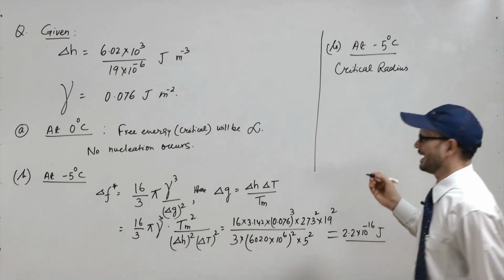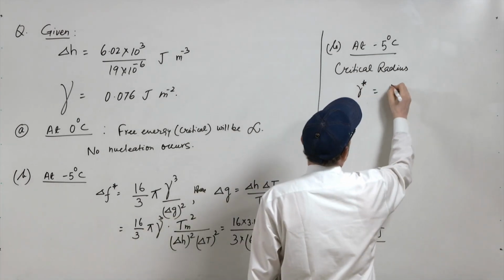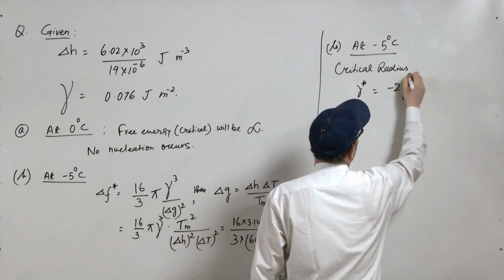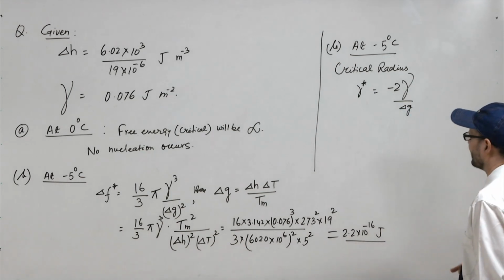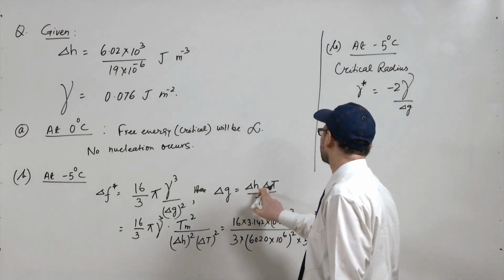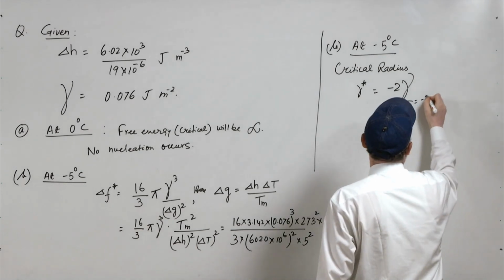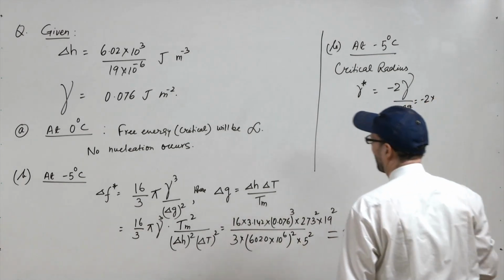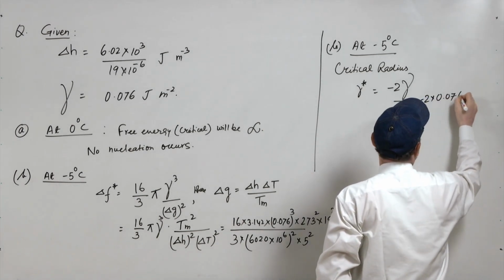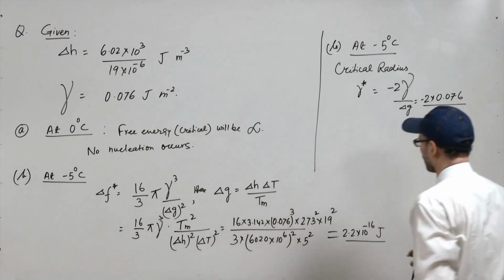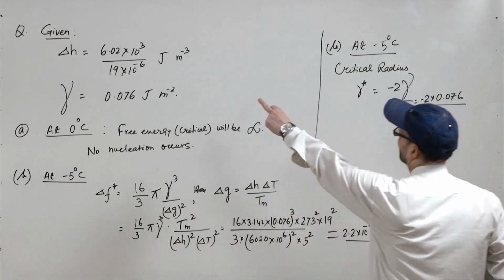We know the expression for critical radius R star will be minus 2 gamma upon delta G, and already delta G is taken as delta H delta T upon T m. So, it will be 2 into gamma, given as 0.076, upon delta H delta T upon T m, and delta H is given as that.